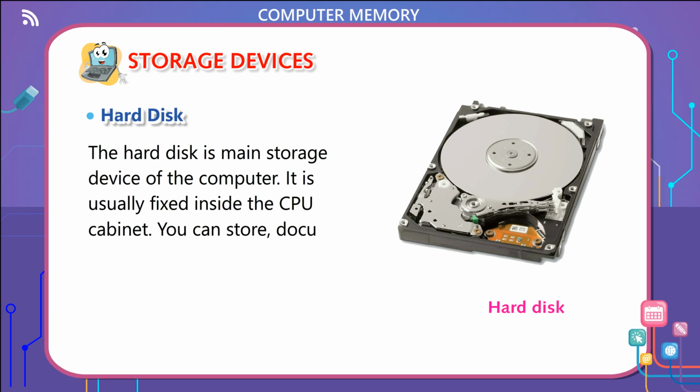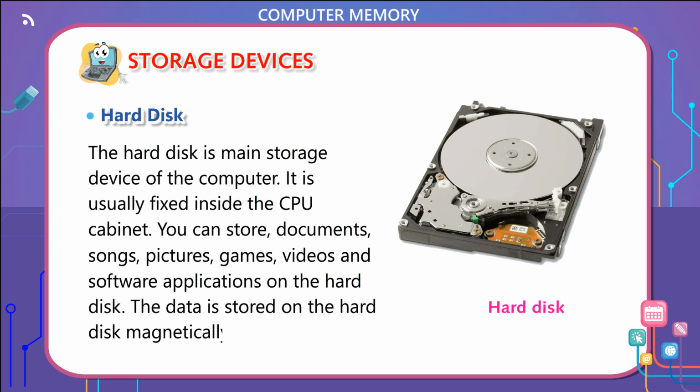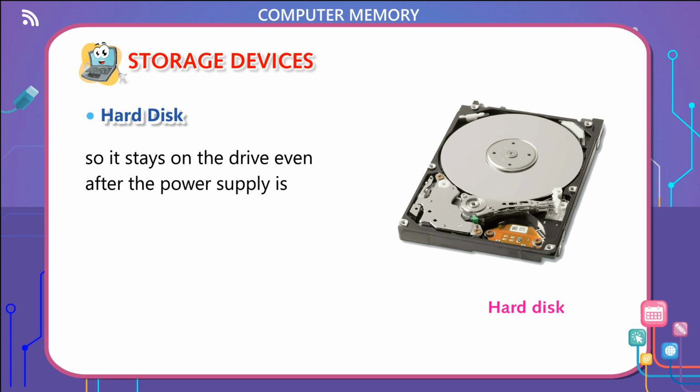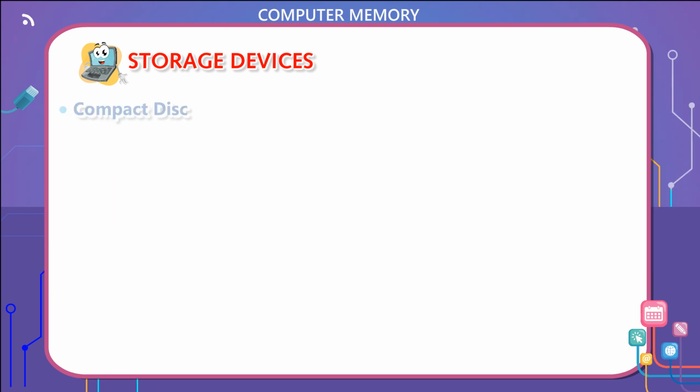You can store documents, songs, pictures, games, videos and software applications on the hard disk. The data is stored on the hard disk magnetically, so it stays on the drive even after the power supply is turned off. The storage capacity of a typical hard disk is usually measured in GB and TB.